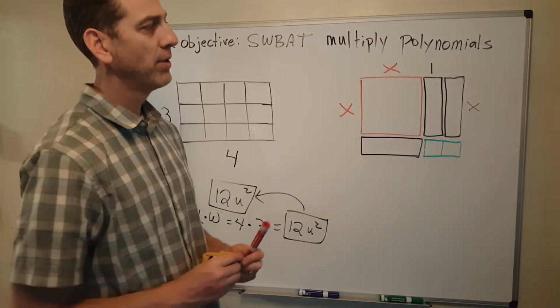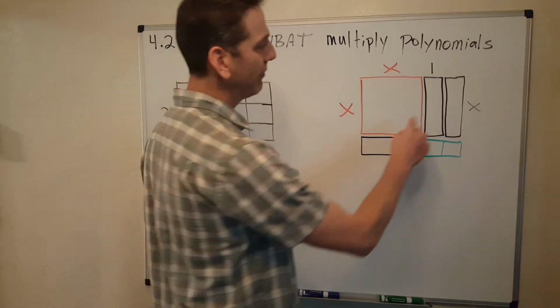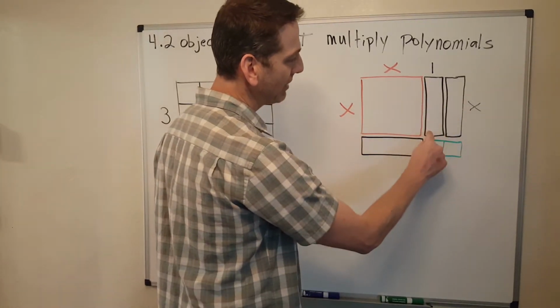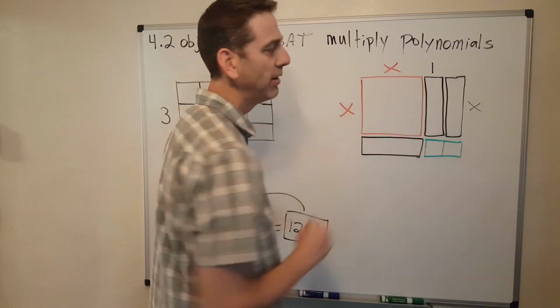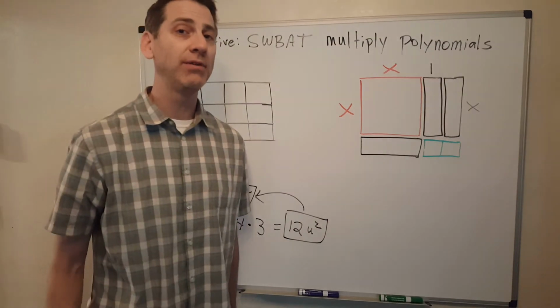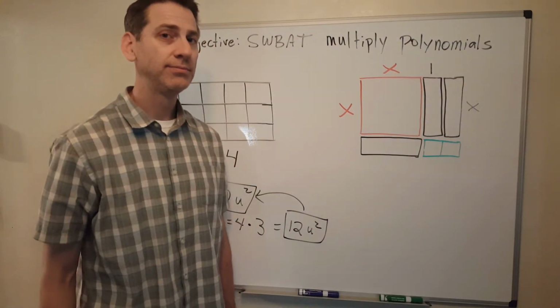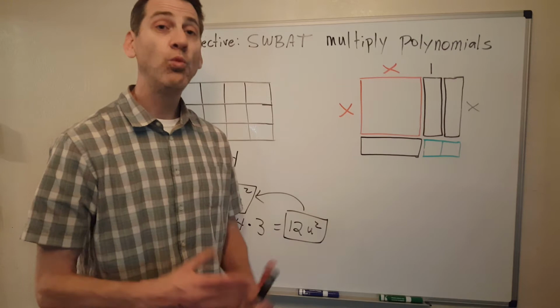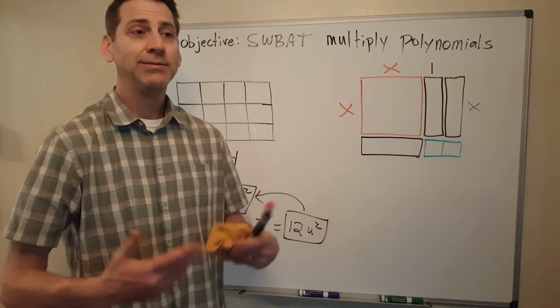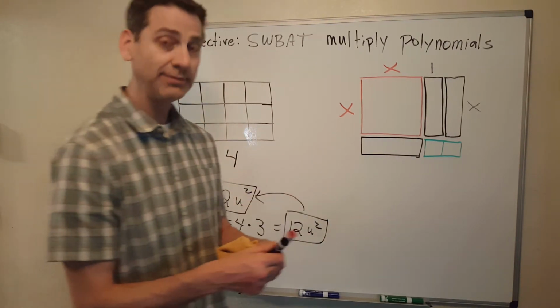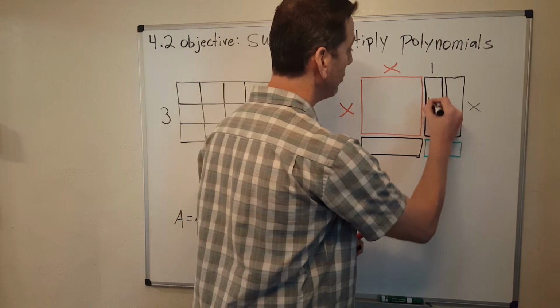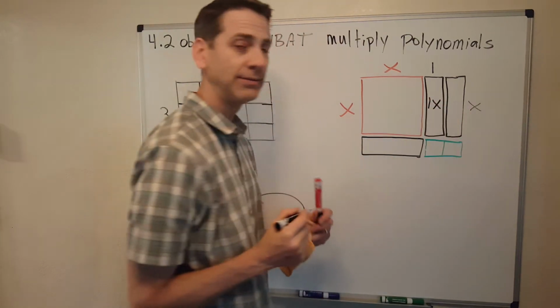So if this has a length of x and a width of 1, what is the area of that rectangle? Well, that's 1 times x, which is 1x. So we're just going to label that as a 1x.